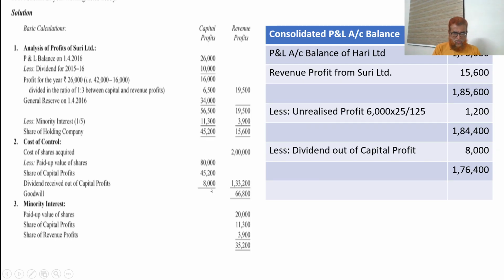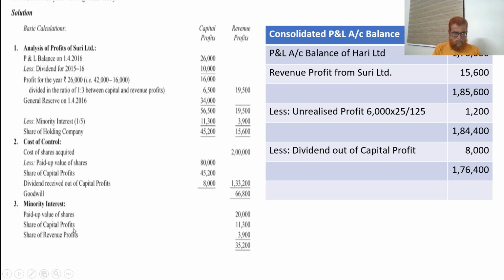This is share of the capital profit. This one. See this 45,200 share of the holding company we have added here. Then 11,300 will go to the minority interest. Then 3,900, that is share in the revenue profit, that is also added here. So all together if you add, you will get 35,200.